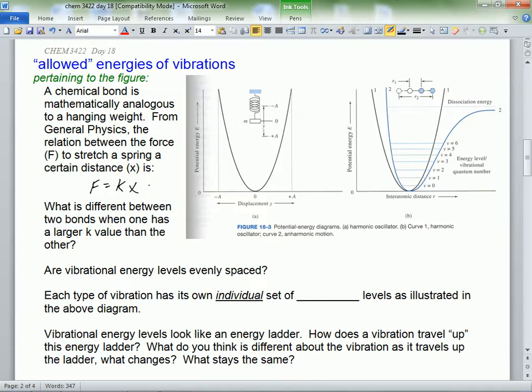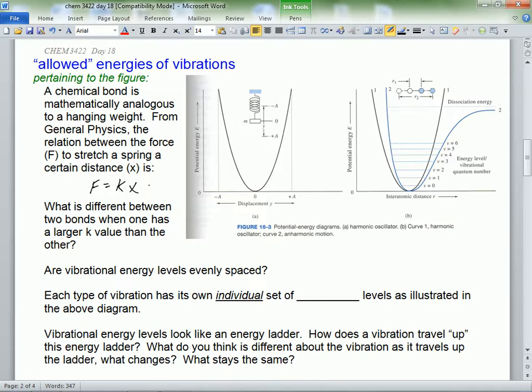Next one. What is different between two bonds when one has a larger K value than the other? Do they have different vibrational energies? Yeah, they will. It'd be different force. If this guy oscillates like this and he has some spring constant, F equals kx.